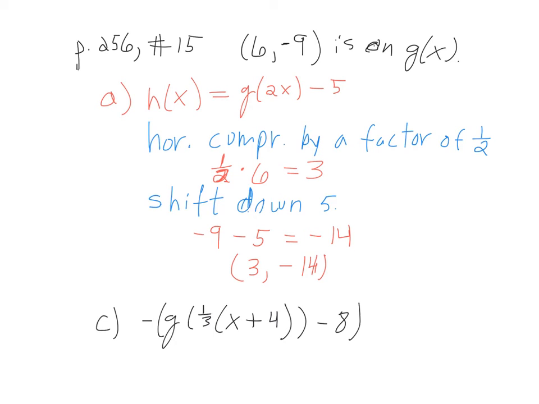So if you do that, you'll have the following. There we go. Now we have our negative on the g, but we distribute it all the way across to the -8. So now we have +8. And I think now you're ready. You can write out the transformations and then apply them to 6, -9 to get your answer.